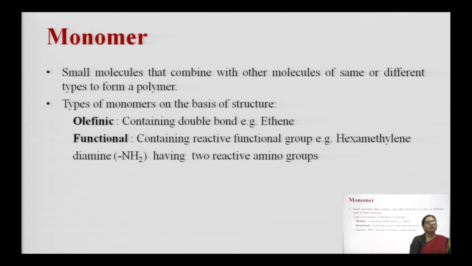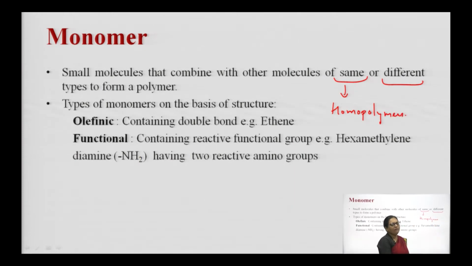Now, the monomer, the constituting unit of the polymer, has been defined as small molecules or building blocks that combine with other small molecules of the same or different type to form a polymer. The important words here are same or different types. That is, monomer units constituting a polymer may be same or identical. When they are the same, they lead to what are called homopolymers.